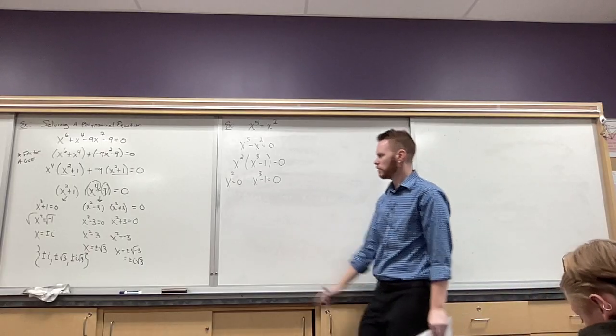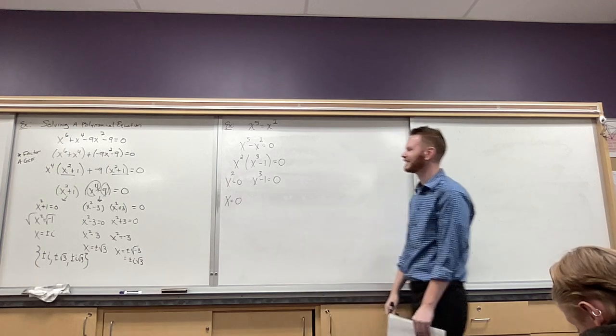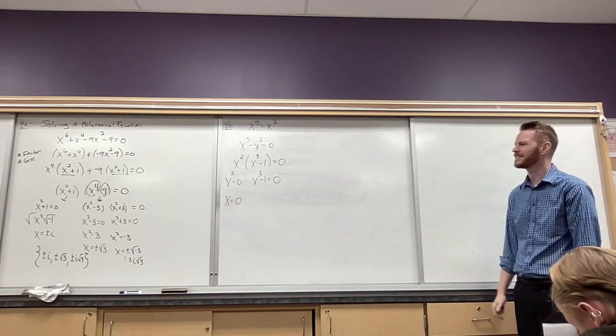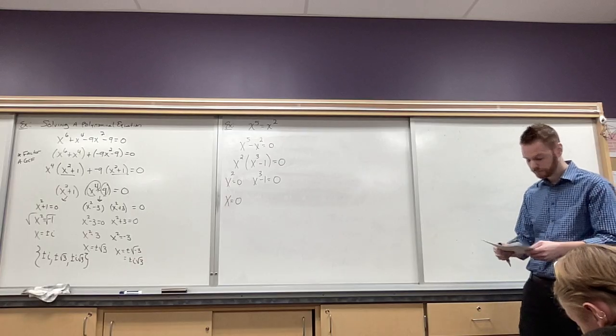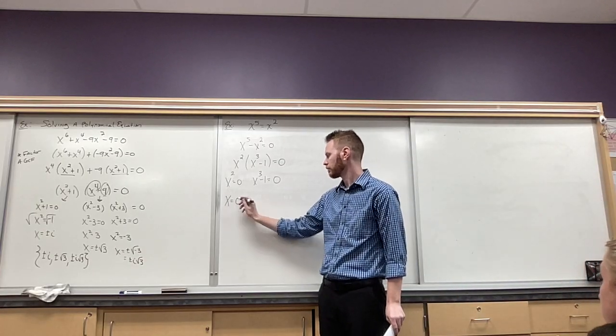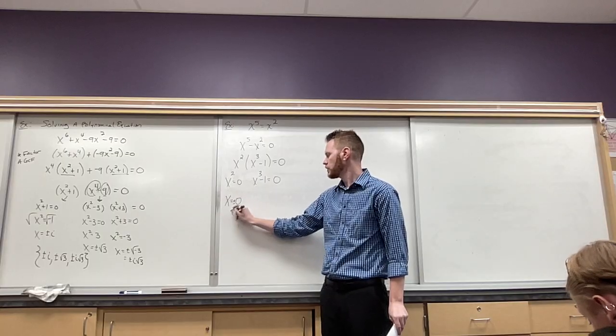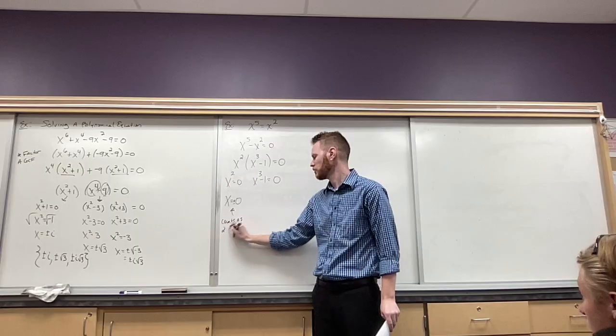Well, I think we get 0, huh? So x is just going to be 0 there. Take the square root to both sides, that's not really going to change anything. Okay? But I will say that even though if I put a positive or negative here, I'll just put it here right now, this still counts as 2 solutions.